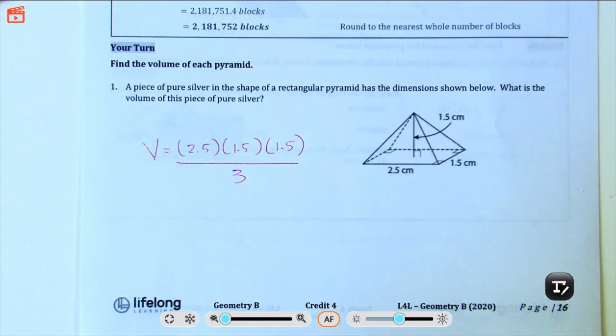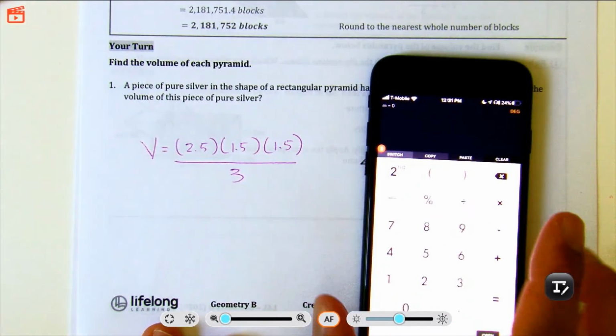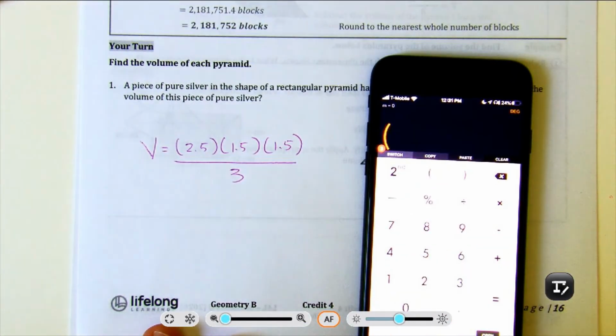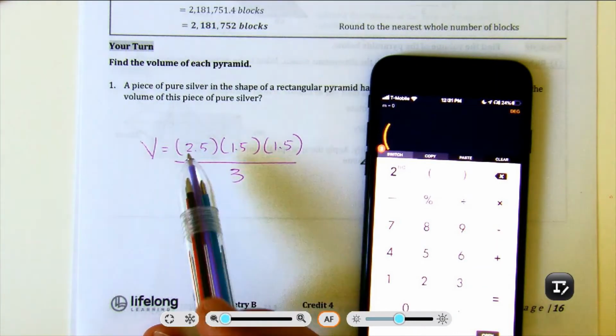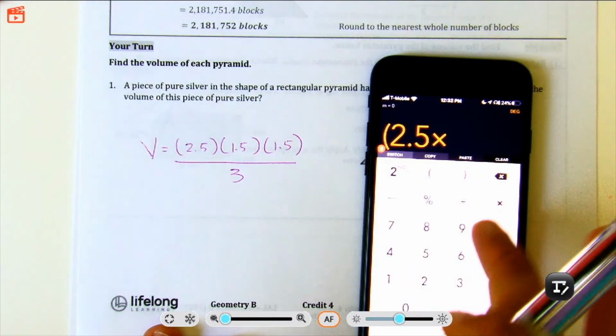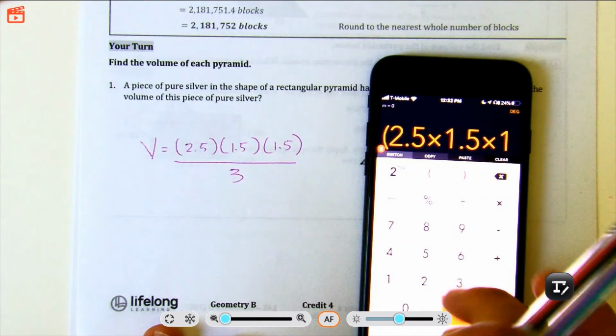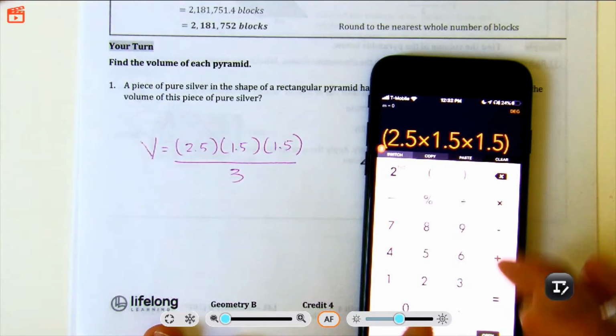Now you could do this in a couple steps, or you could do it all on a calculator. To show you how to type this all in the calculator, you need to make sure that you put parentheses in the numerator, so that we're multiplying 2.5 times 1.5 times 1.5, close the parenthesis, all divided by 3.